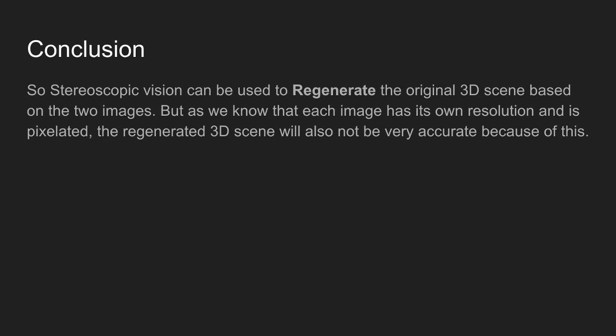It can regenerate the whole 3D scene, but it will not be as accurate as the original 3D scene was, because at first the dimension is reduced from 3D to a 2D projection for both the left and right cameras. So stereoscopic vision is useful for creating a 3D scene, but it's not that good for regenerating the 3D scene if its resolution is low.